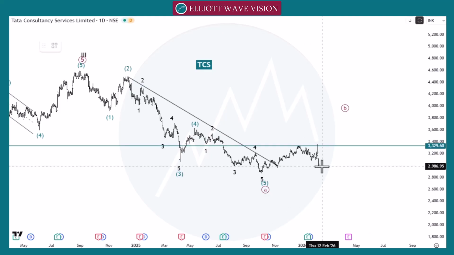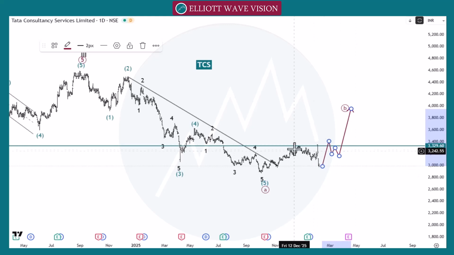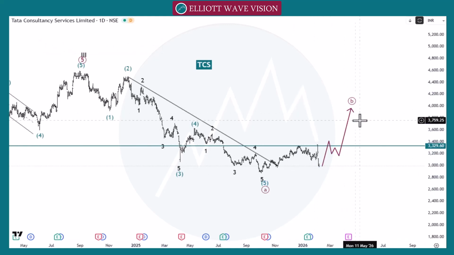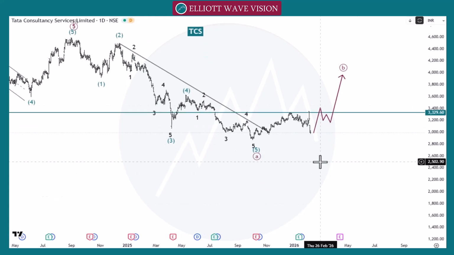Now we need to wait for the first high above level A, B and C. Then we'll go towards the next point 35, then 38 and then 4000. If 4000 gives us the pattern, then we'll change our count towards the bullish side. So now we are looking for the bullish side as a wave A, wave B and wave C as a correction. Then market goes towards the brown wave C.